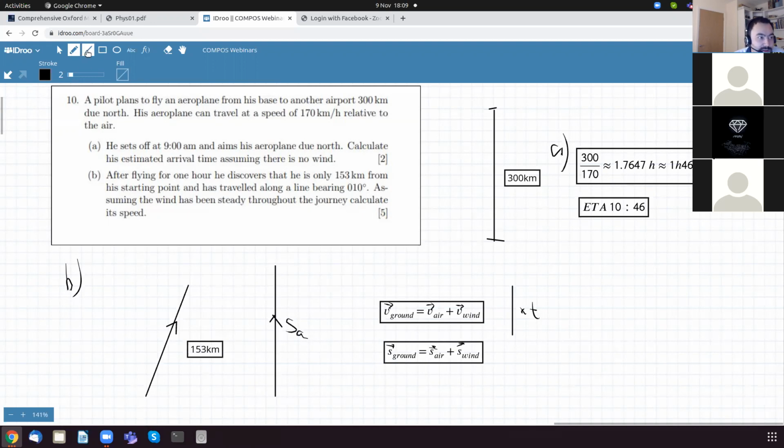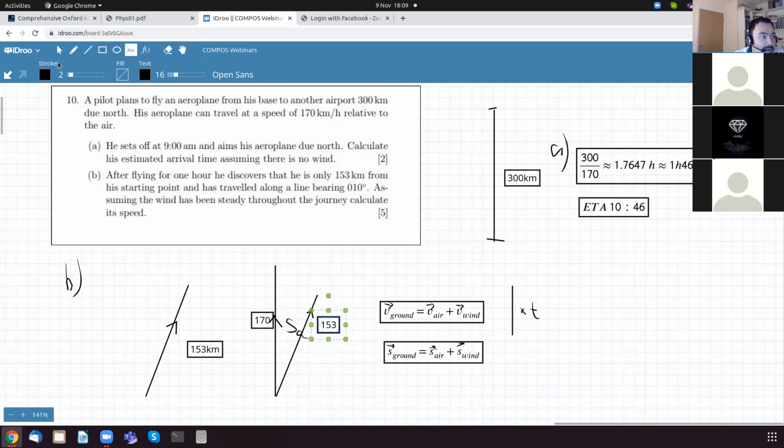But then there was wind, and the pilot ended up flying like this. I'm exaggerating the angle slightly. The pilot wanted to fly 170, but he ended up flying only 153.